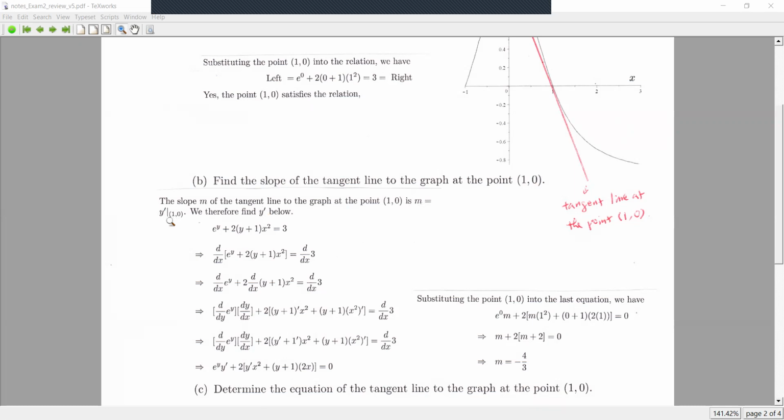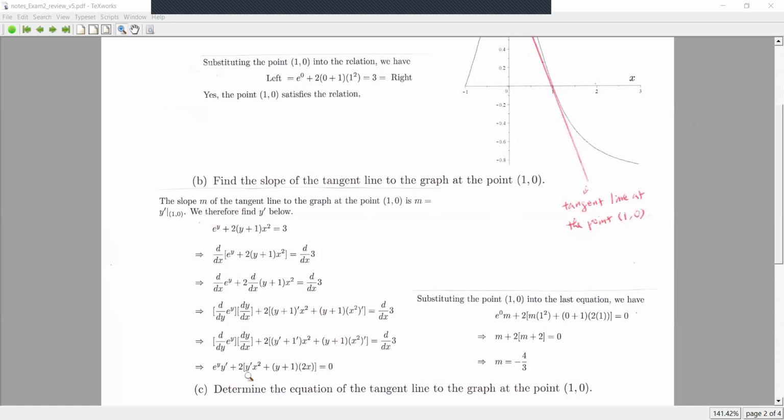Now, plug in the point 1, 0 into this equation. Plug in the point in e to y, then we have e to 0 because y is 0, x is 1. Plug in the point in y prime, then we get m, the slope of this tangent line.